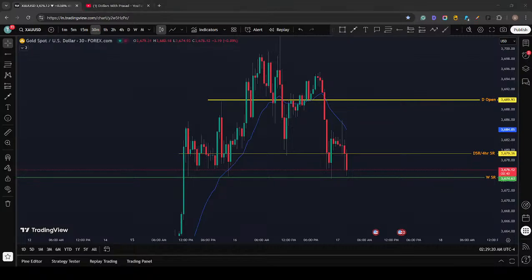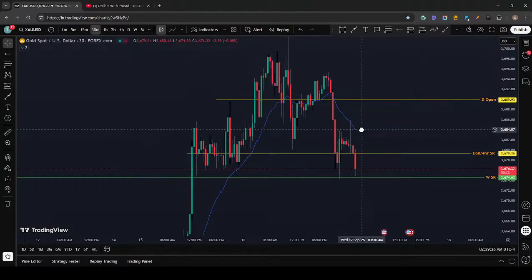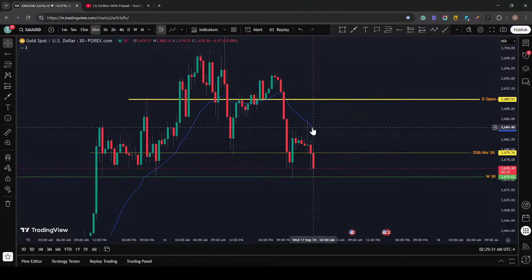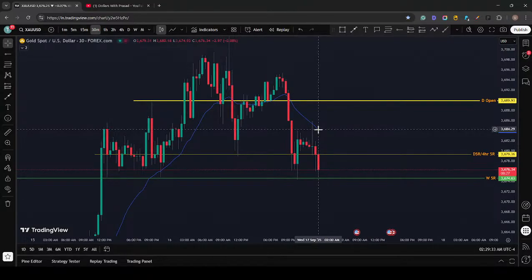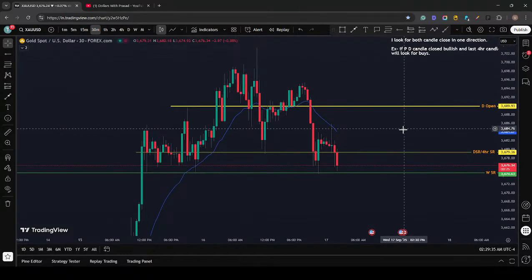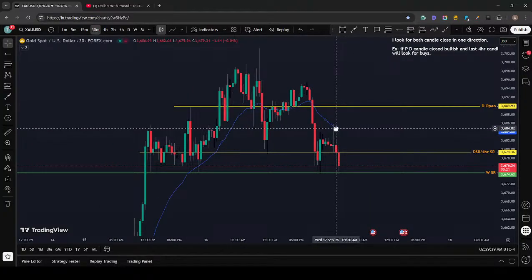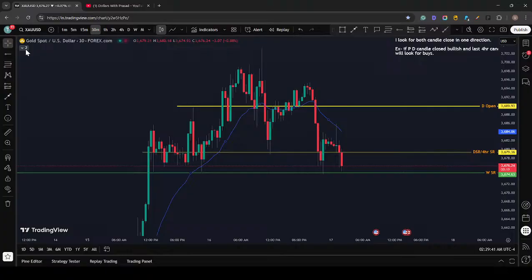Bro, this MA is only to see how far the price has moved from the moving average. This has nothing to do with the strategy. I don't use moving average for entries or anything. It is just to show what the trend is and how far the candles are stretched from the MA.